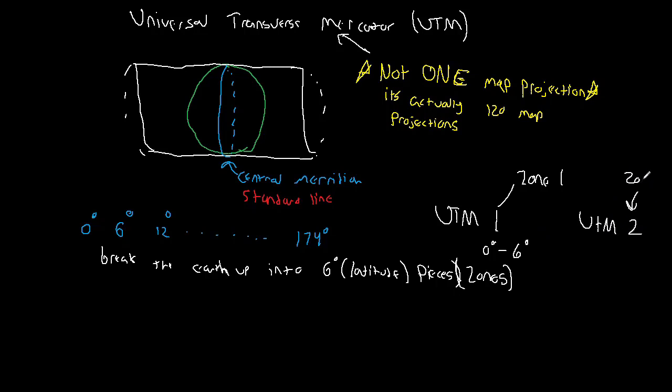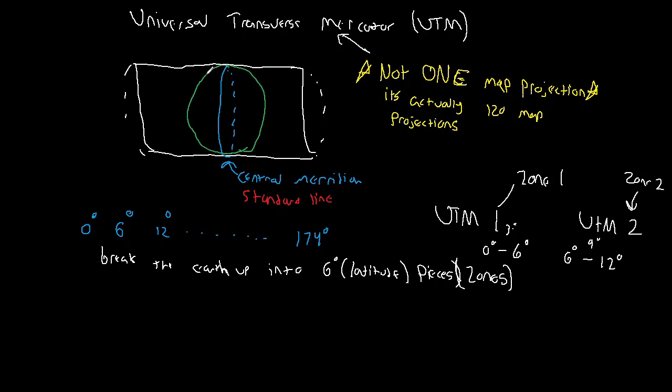which is zone 2, that would be from 6 degrees to 12 degrees. And if we shove the standard line or the central meridian at 3 degrees and at 9 degrees, we've minimized that distance from the standard line in any direction. Because again, think back about distortion. What is distortion?